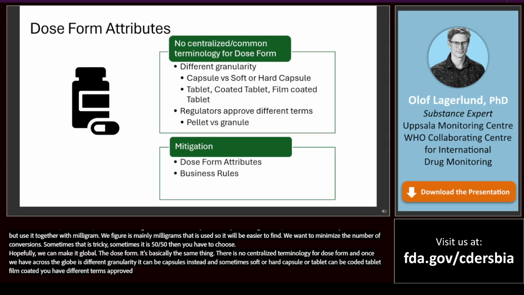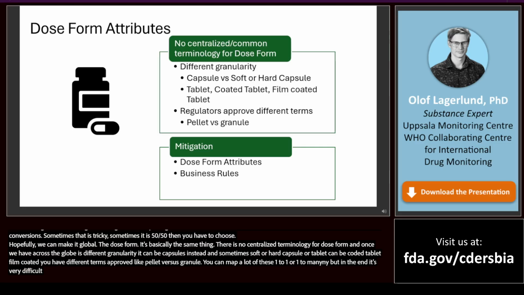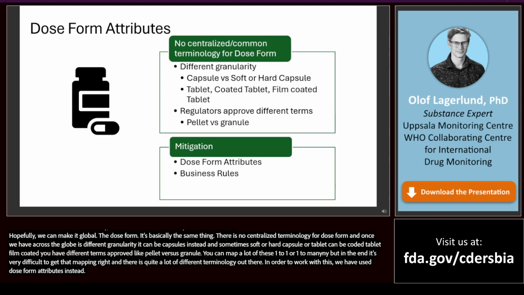You can't map a lot of these one to one or one to many, and in the end, it's very difficult to get that mapping right. And there's quite a lot of different terminologies out there. So in order to work with this, we have used the dose form attributes instead. And of course, business rules. I'll come back here and explain the dose form attributes.